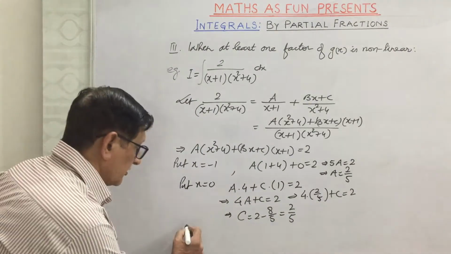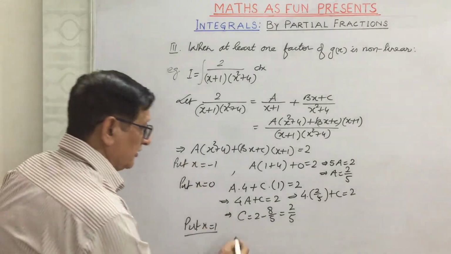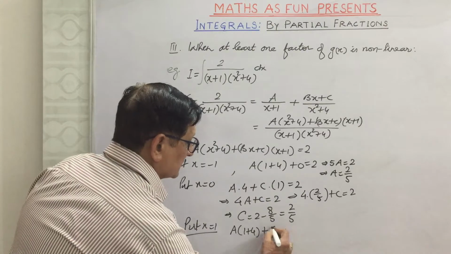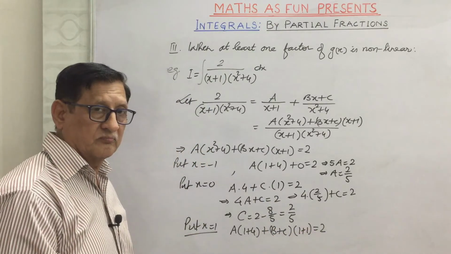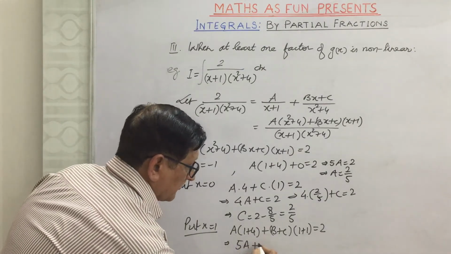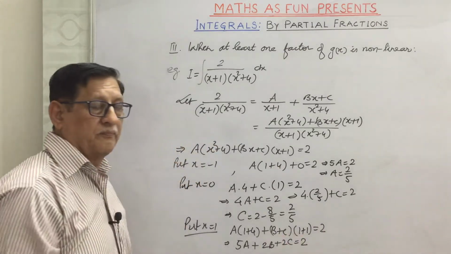Now we can put x as 1. If we put the value of x as 1, this will be a into 1 plus 4 plus b plus c into 1 plus 1 equal to 2, which gives us 5a plus 2b plus 2c equal to 2.